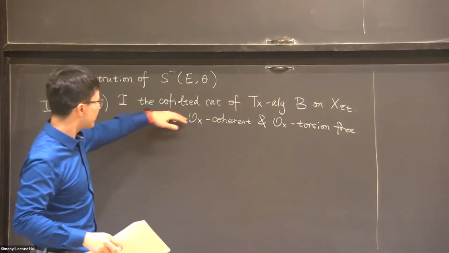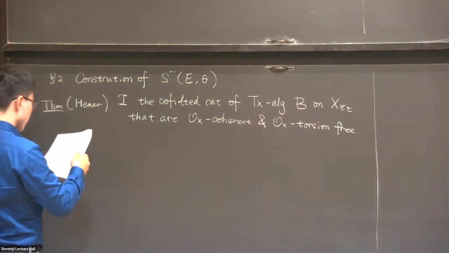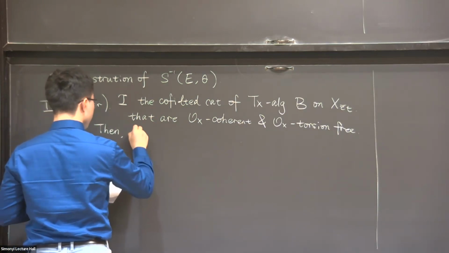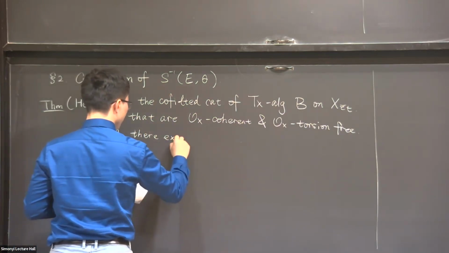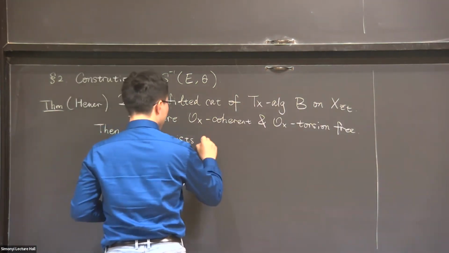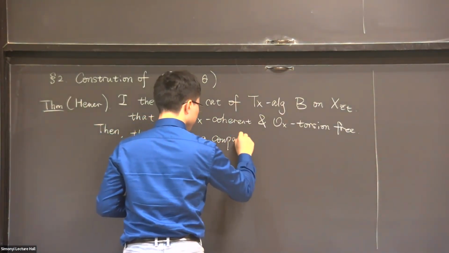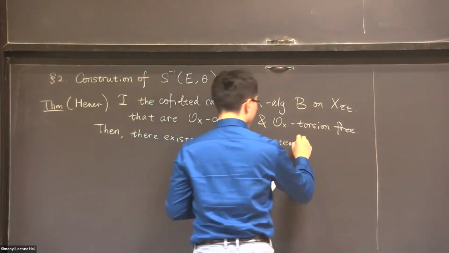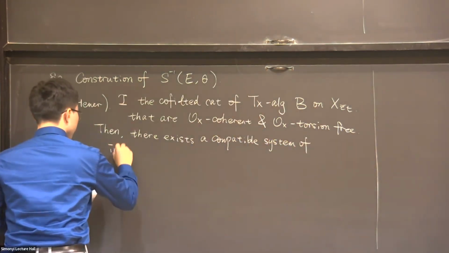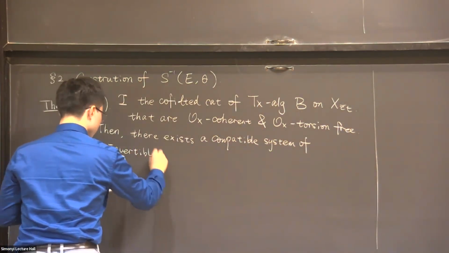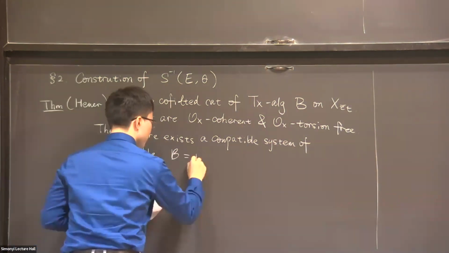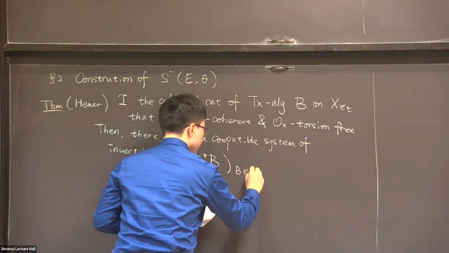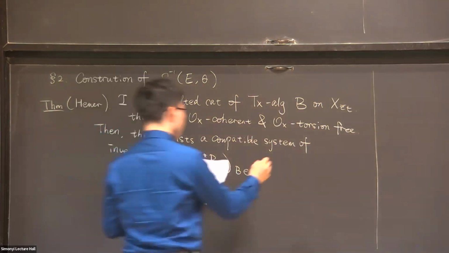So this is the category of all such Tx integrals. Then there exists a compatible system of invertible modules, this curly B, which is the pullback of all such B that lie in this co-filtered category.